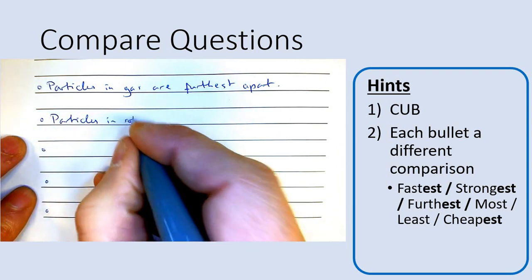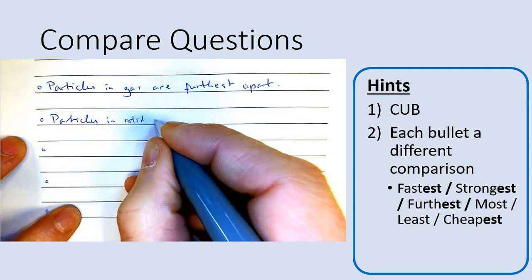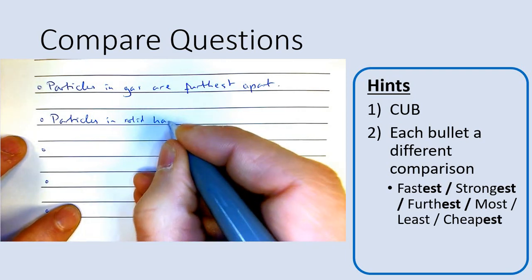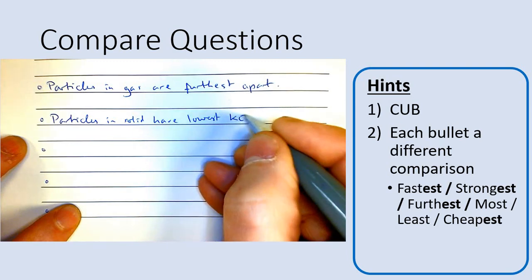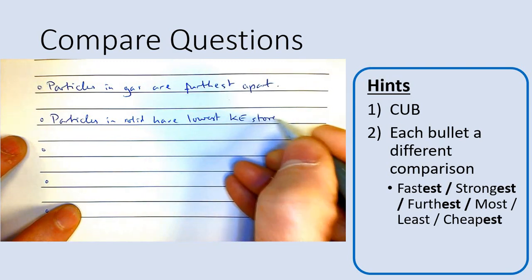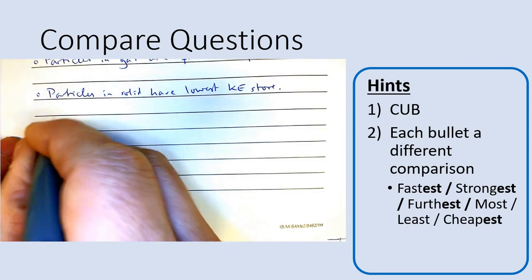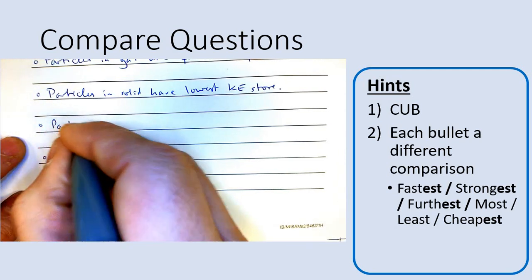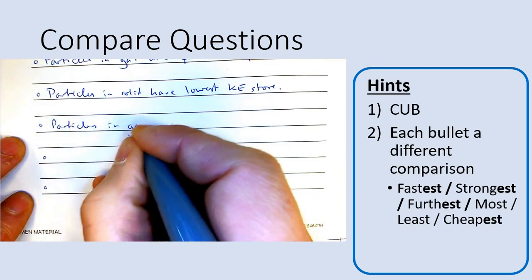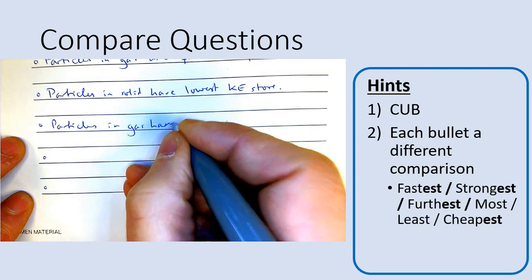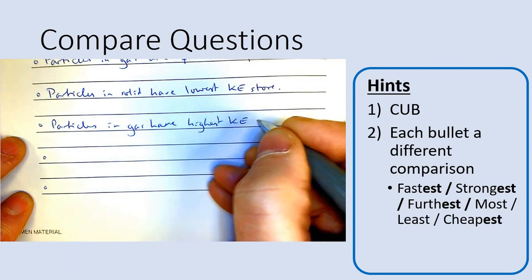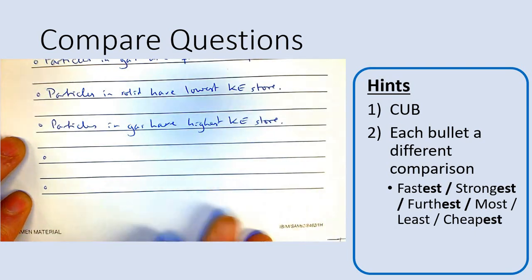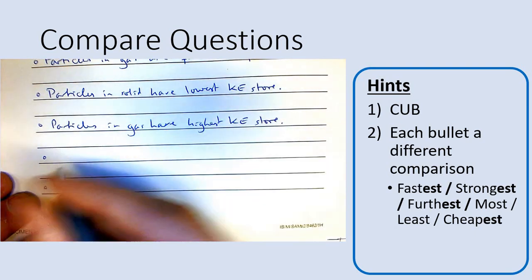Particles in solid move slowest or have lowest kinetic energy, lowest Ke store, whereas the opposite of that, particles in a gas have highest Ke store because they're moving fastest. And what else do I know?